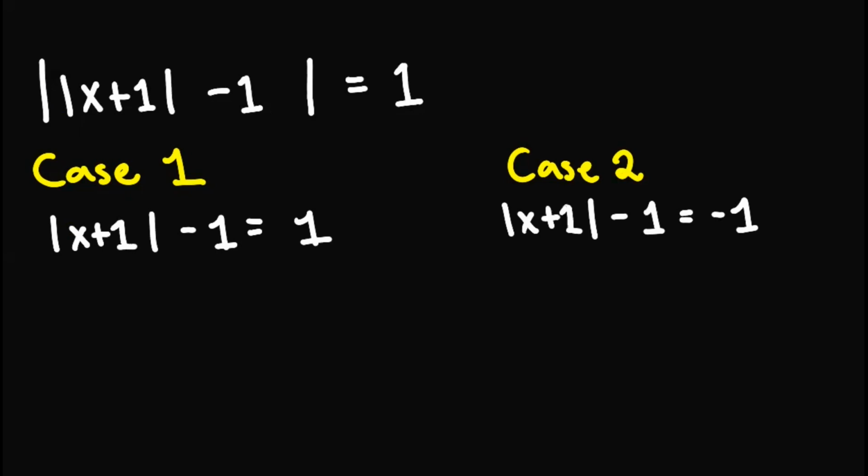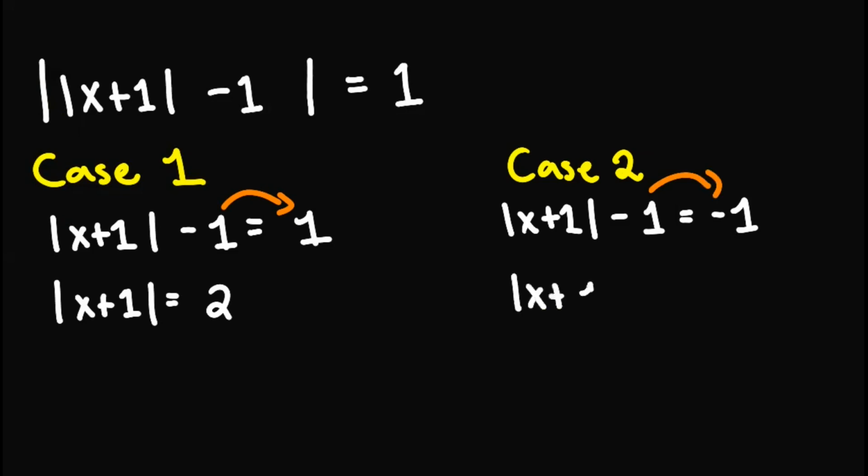For the first case, we first move this to the right side to obtain the absolute value of x plus 1 is equal to 1 plus 1, which is 2. And for case 2, moving this negative 1 out here, we'll have the absolute value of x plus 1 to be equal to 1 minus 1, which is 0 out here.